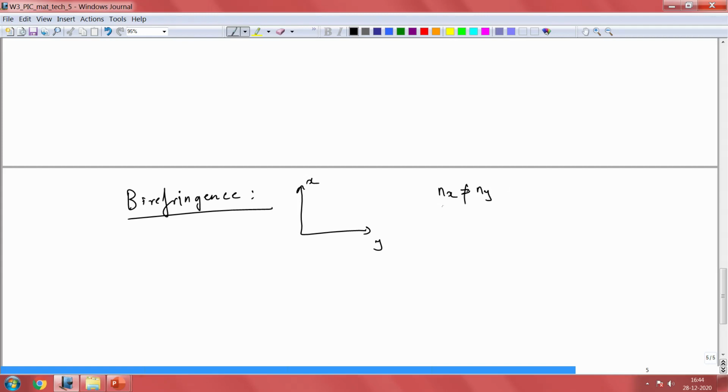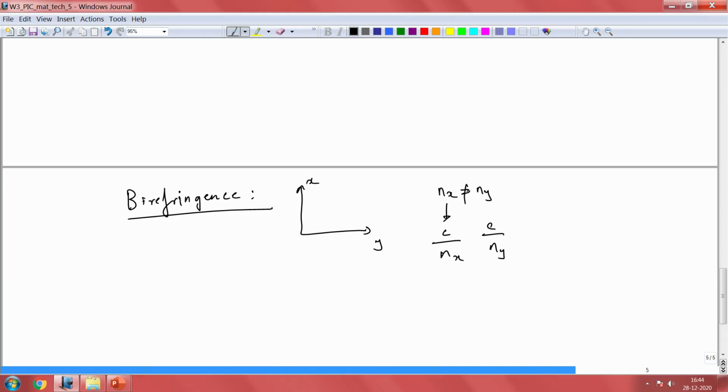So, this will eventually result in the speed of light being different here. So, n over nx and n over ny now.